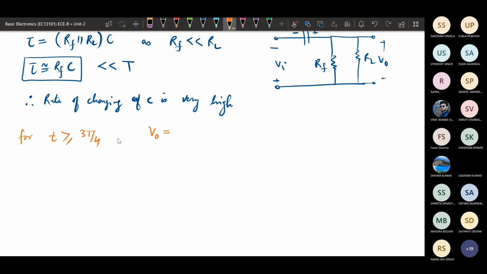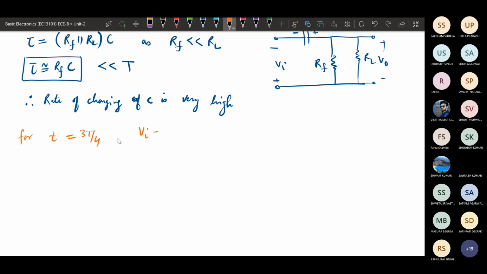This is the case of the input voltage. First of all we will see at t equals 3T by 4.